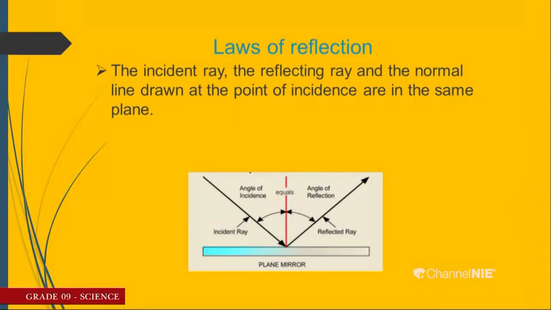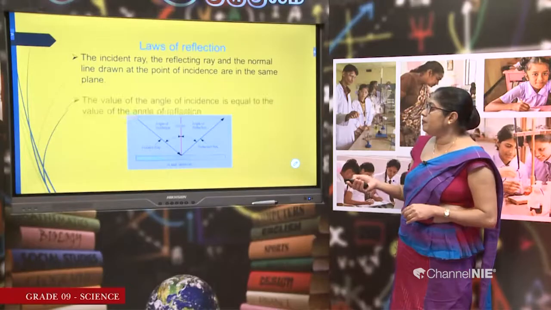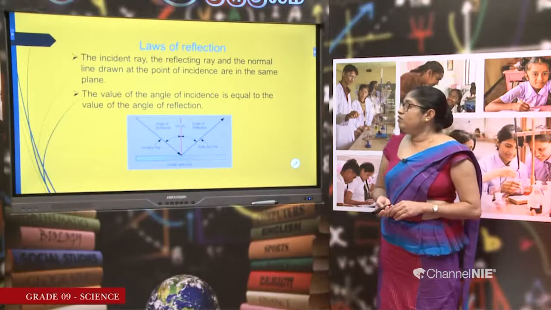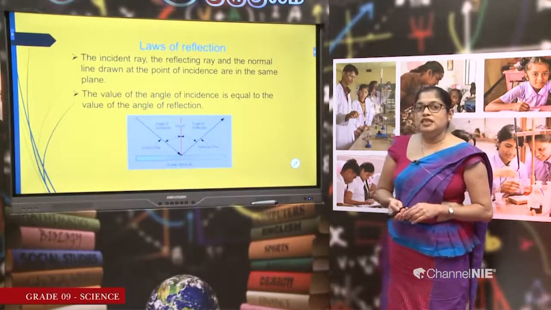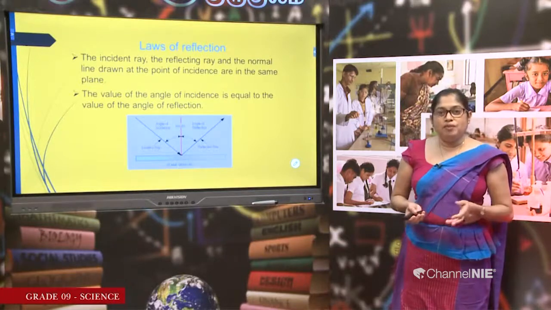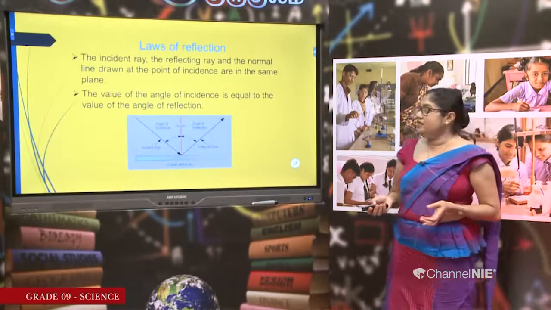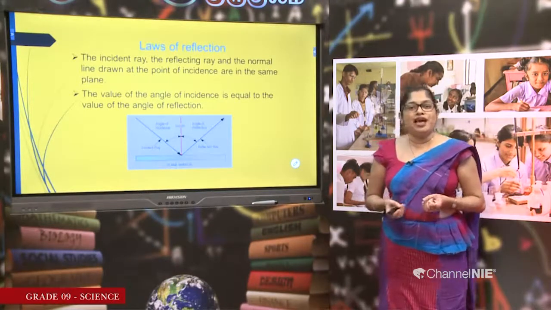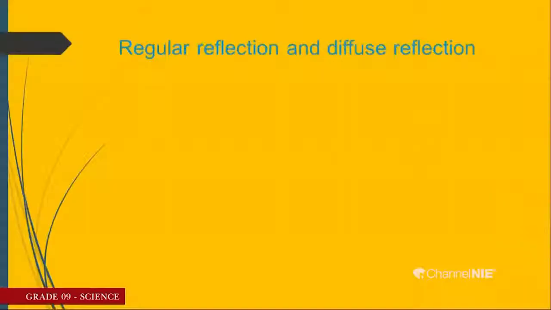In addition to this point, the law of reflection says the value of the angle of incidence is equal to the value of the angle of reflection. Simply, the angle of incidence is equal to the angle of reflection.